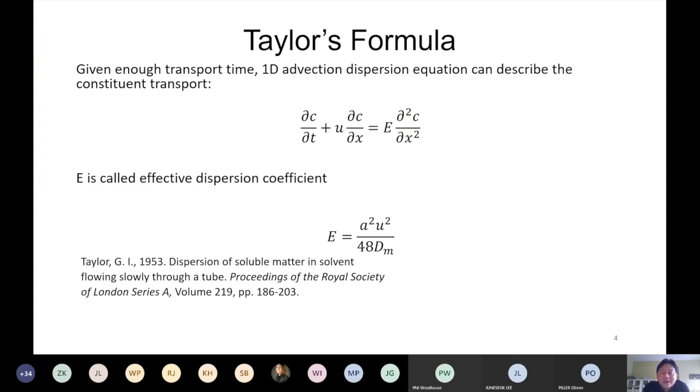As Pilar mentioned, Sir Taylor had this famous formula that uses a 1D advection dispersion equation to model this kind of mechanism. This E here is called the effective dispersion coefficient, or hydraulic dispersion coefficient. And the value of this dispersion coefficient can be calculated based on pipe radius a, mean velocity U, and molecular diffusivity D here.